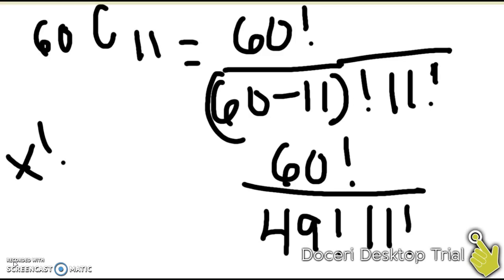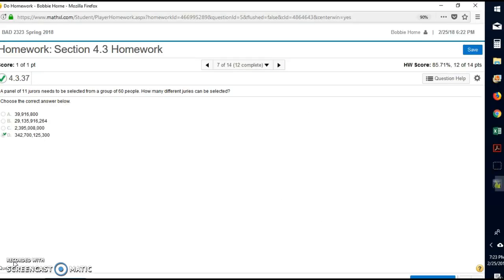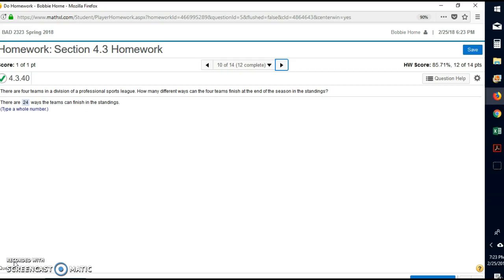And then press equals, but don't press equals until the end, you will get the big number there, 342,700,125,300. Okay, I skipped 2. I will go back to those and work them on a different video.